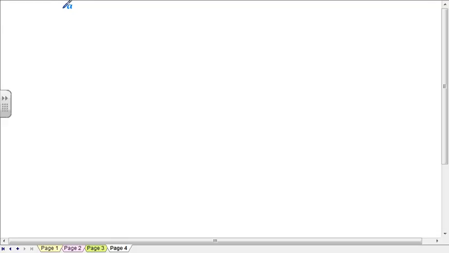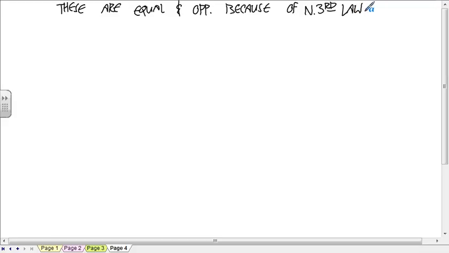So these are equal and opposite, because of Newton's third law. So how can we change the calculation approach so that we get the same thing no matter which side we go from?